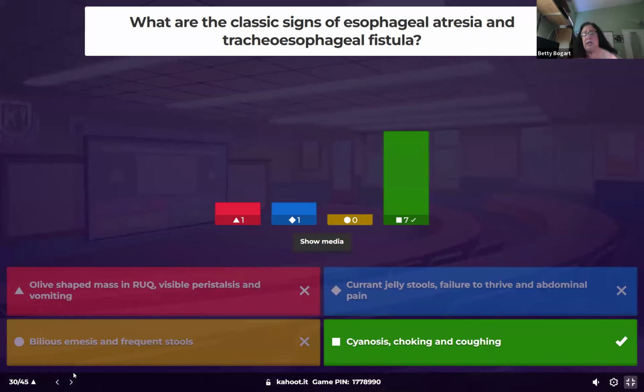So you're going to see that cyanosis, choking, and coughing. An olive-shaped mass in the right upper quadrant, and vomiting, that's pyloric stenosis. Currant jelly stools is intussusception, okay?